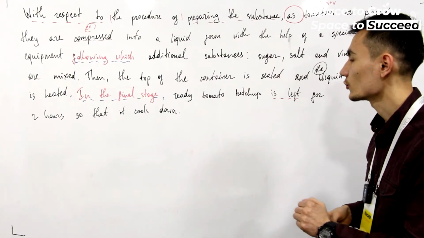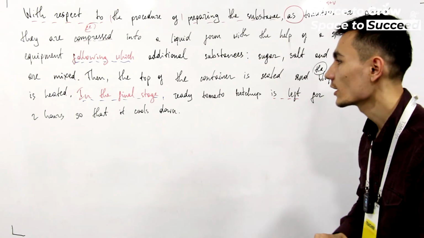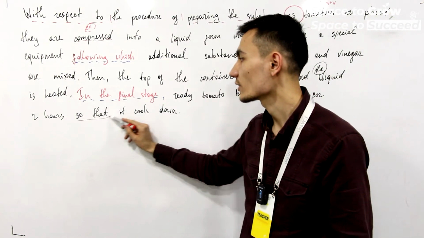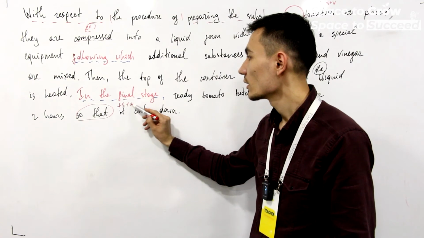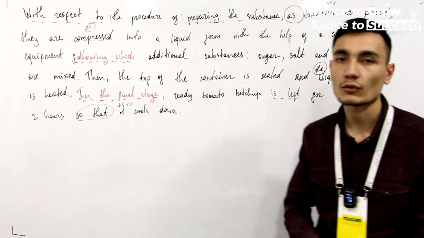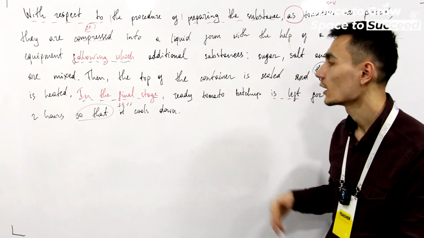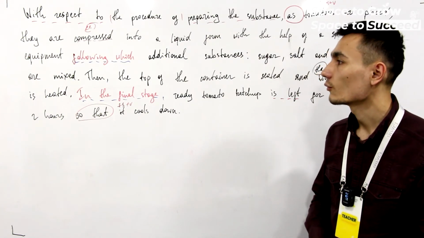You have to use passive voice as a general procedure here. And I'm using the structure "so that" plus subject and verb to show the purpose, which is a good structure here. "Cools down" is quite an informal word, but I couldn't find any other word to replace it with.